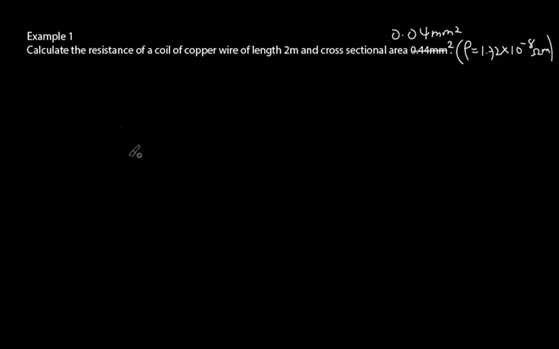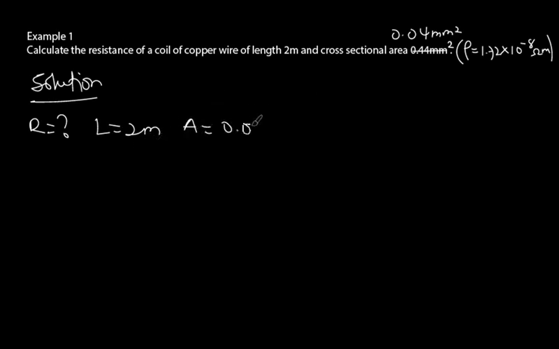With this, let's look at how to solve this problem. We have to calculate the resistance, so it means we don't know the resistance. The length is 2 meters. Mind you, the length is in meters. Then the cross-sectional area is 0.04 millimeters square.